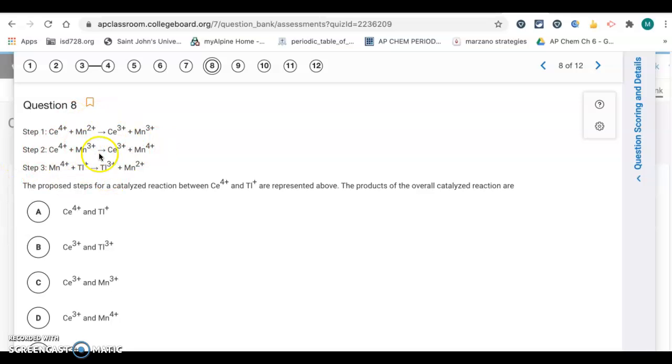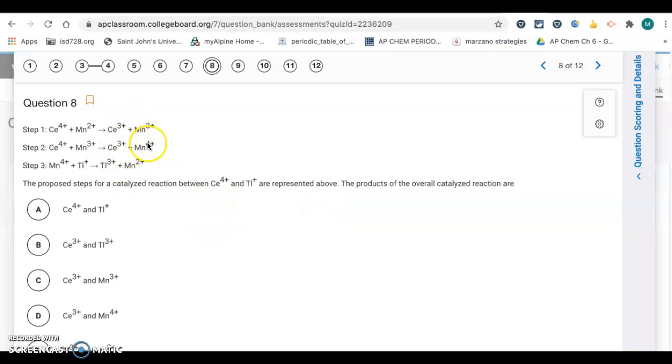So this is a 3-step mechanism. The proposed steps for the catalyzed reaction between this Ce positive 4 and Tl positive 1 are represented above. The products of the overall catalyzed reaction are, so we want to see what's going to cancel out here. So this manganese positive 4 will cancel. This Ce positive 3 will not cancel, so that's going to be one of our products.